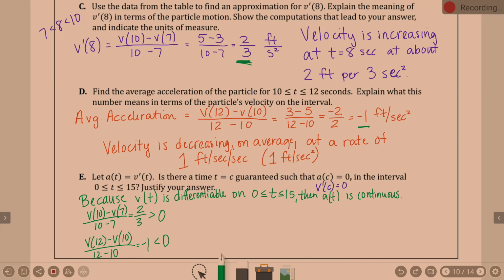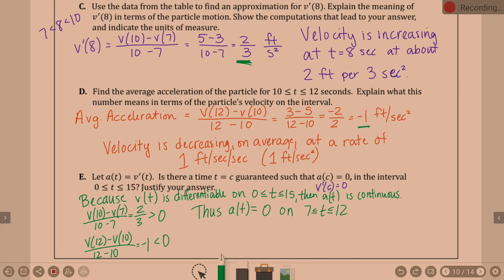And so thus, acceleration will equal 0 somewhere on the interval from 7 to 12 because V prime of t changed from positive to negative. Okay, so let's say thus A of t will equal 0 on the interval. I'm just going to say 7 to 12 because that's where we know it happens, right?